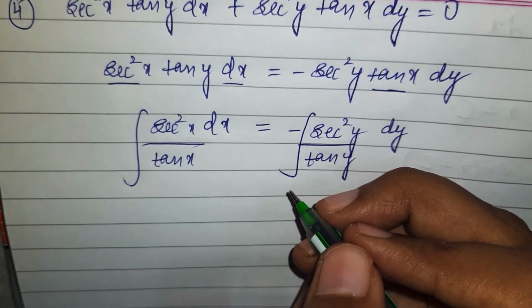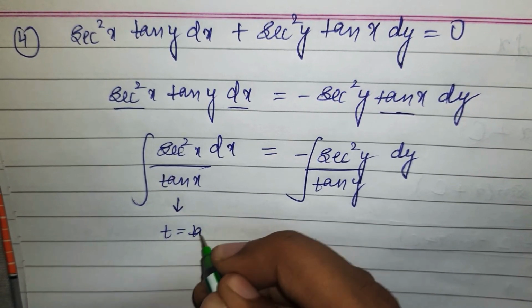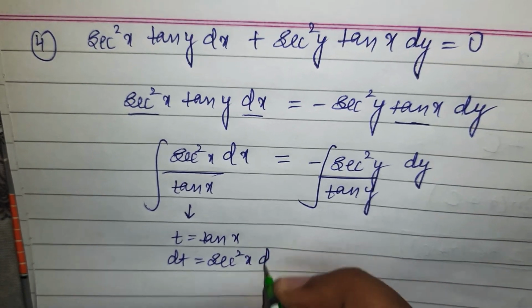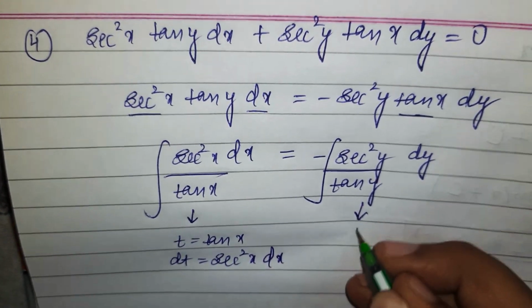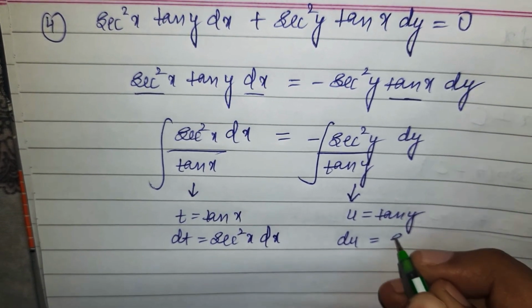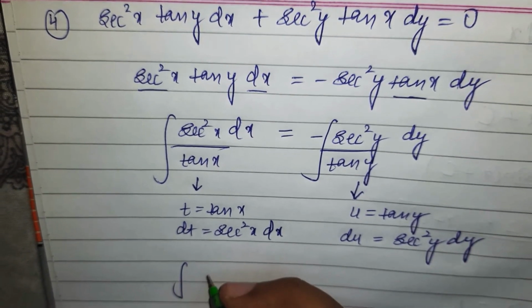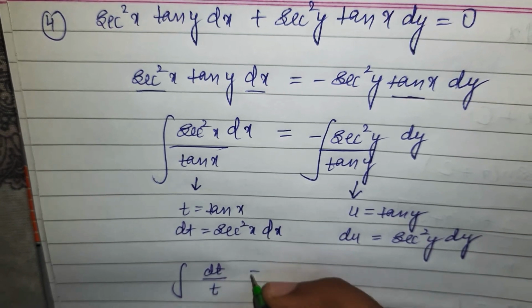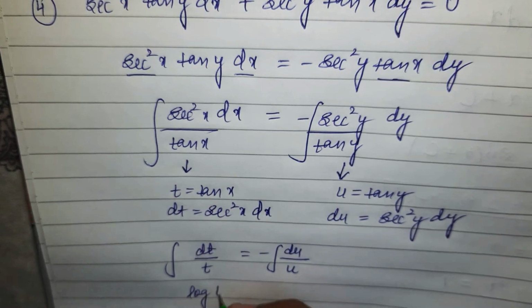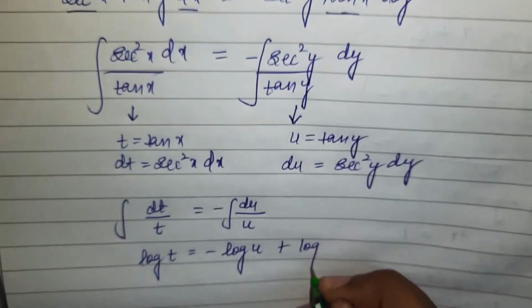While doing integration, take t as tan x, dt will be secant square x dx. Now the integration formula can be anything. Now this is the indefinite integral. Take u as tan y. So du is secant square y dy. So this will become dt upon t minus du upon u. So log t minus log u plus log c.